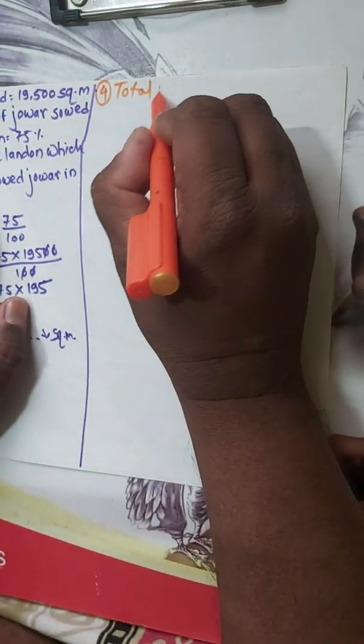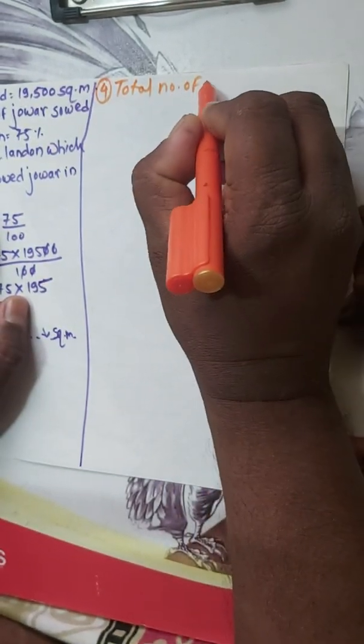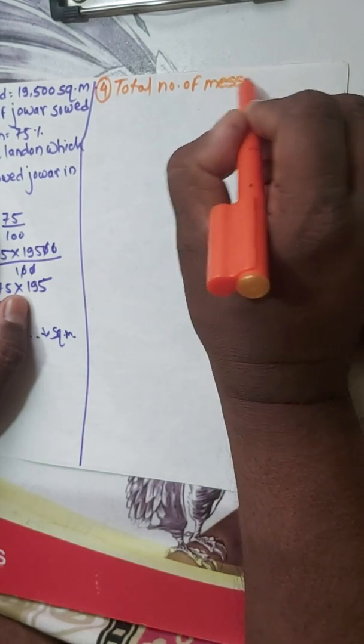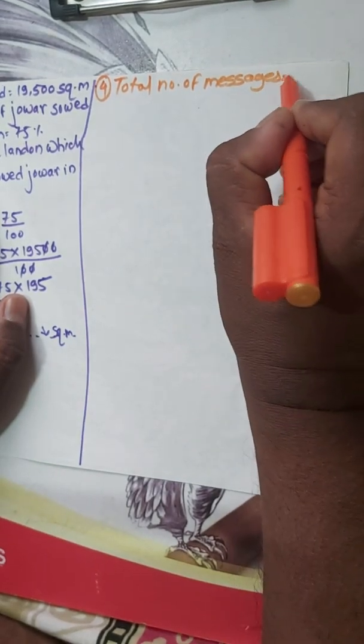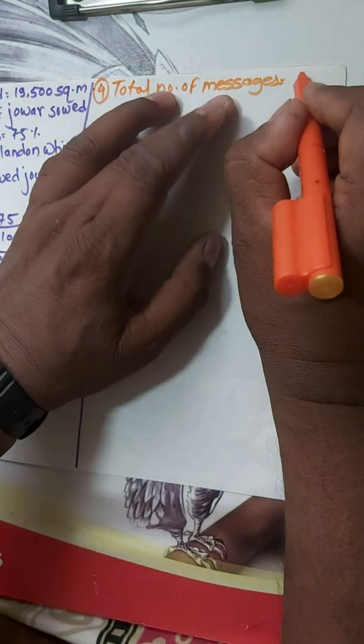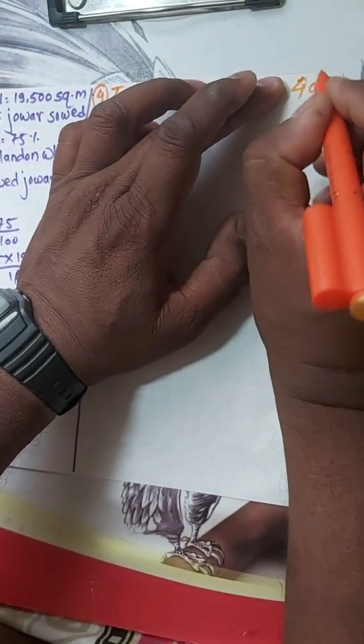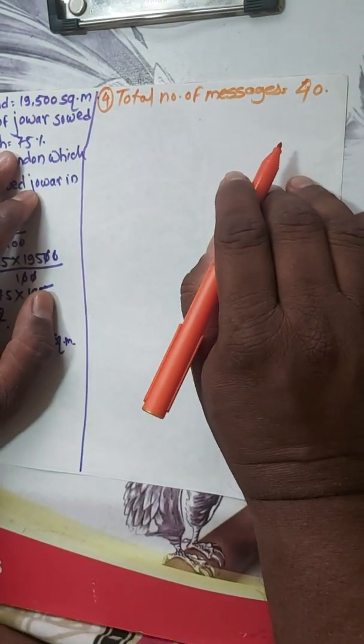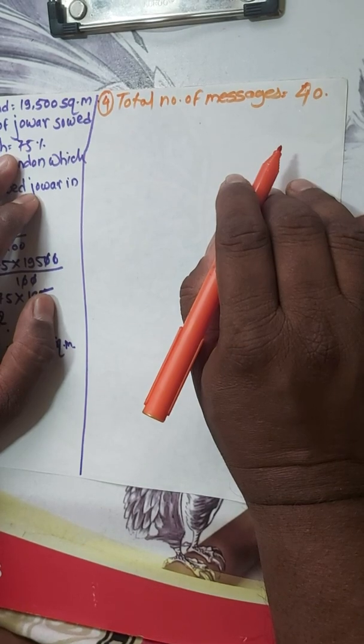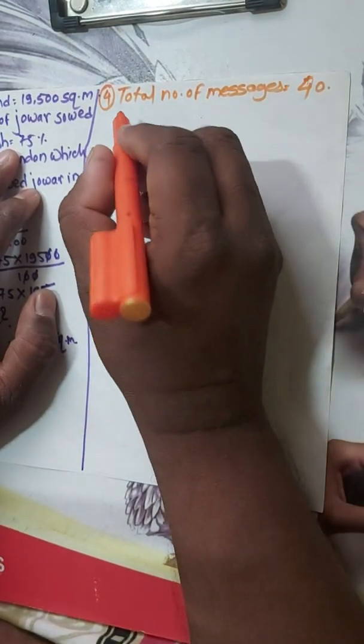Total number of messages, that is 40. Now then messages by the birthday greetings, that is 90%.